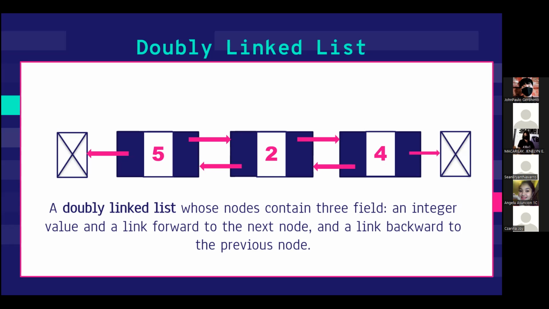And in the third rectangle of the first node, it will be 600 since the second node is 600. For the second node, the first rectangle will be 400 since its previous node is 400, its data will be 2, and its next node will be 800 since the third node is 800.